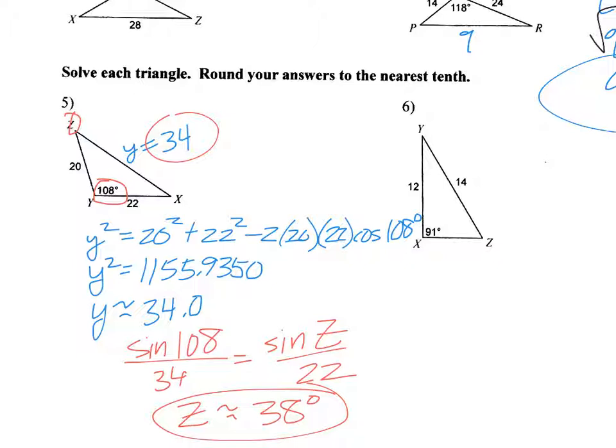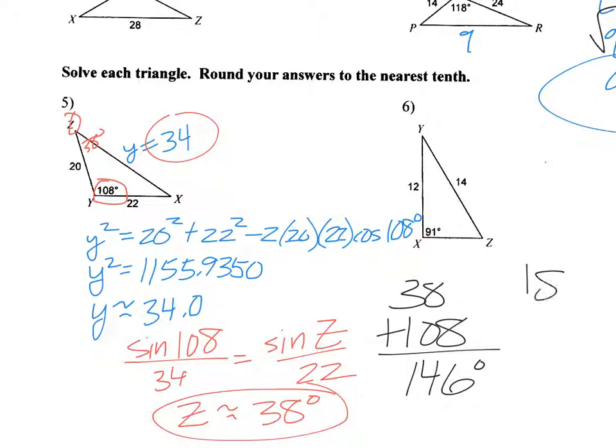Now, I don't have to do law of sines again, because since I know this is now 38 degrees, I know all the angles in a triangle equal what? 180. So I take 38 plus the 108, add those together, that's 146. Then I subtract that from 180.